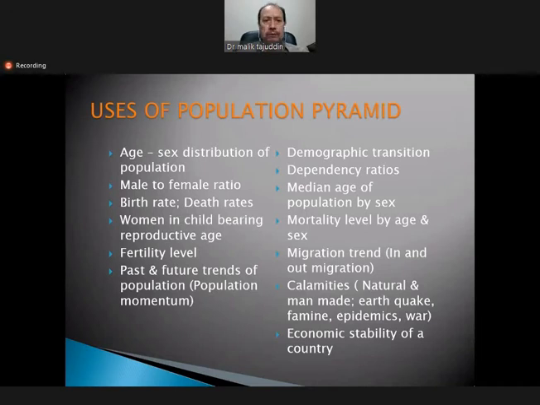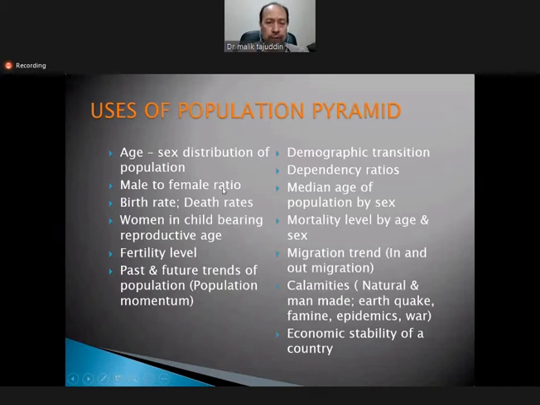For any type of planning, you have to see the population parameters: what is the age contribution, what is the sex contribution, and what is the educational contribution in different age groups. So the use of the population pyramid is to find out the age-sex distribution of the population.